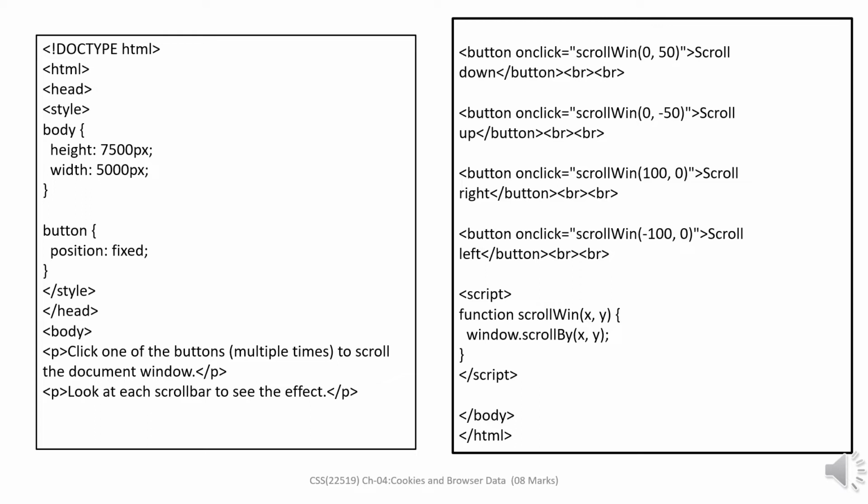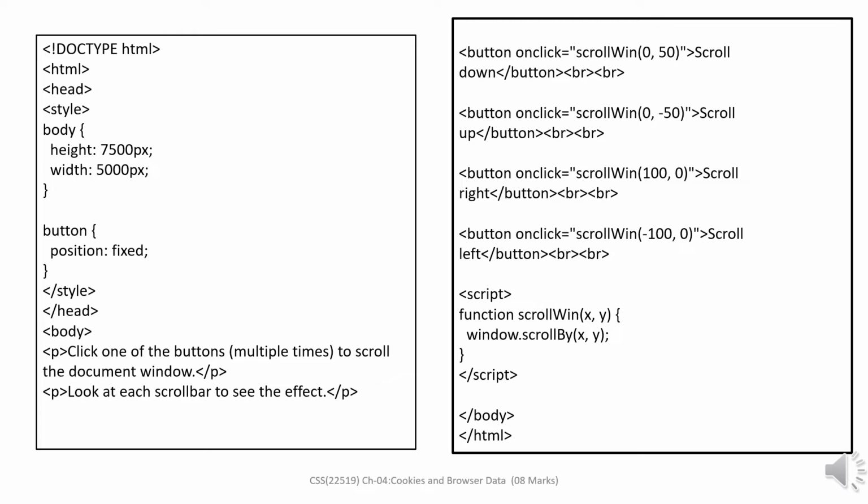Now button onclick equal to scrollWin(0, 50), scroll down, end of the button, then break. Button onclick equal to scrollWin(0, -50). Then in the third onclick, scrollWin(100, 0), this scrolls to the right, and the last button onclick scrollWin(-100, 0), this scrolls to the left.